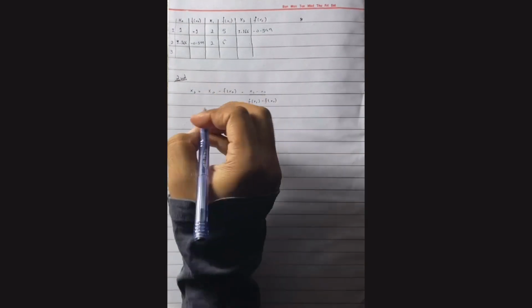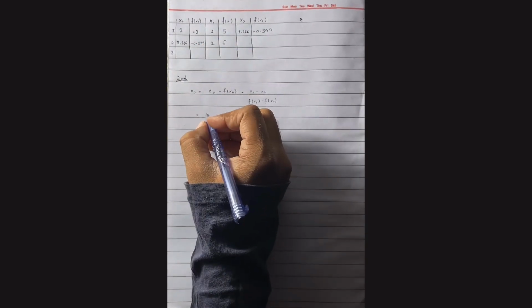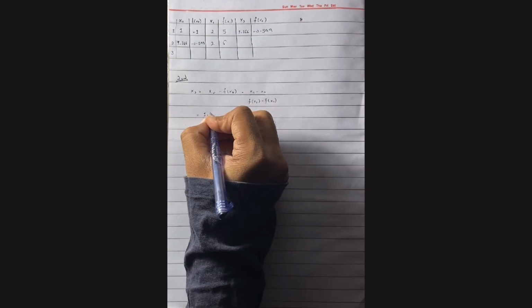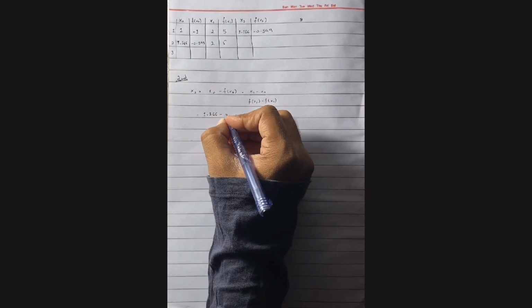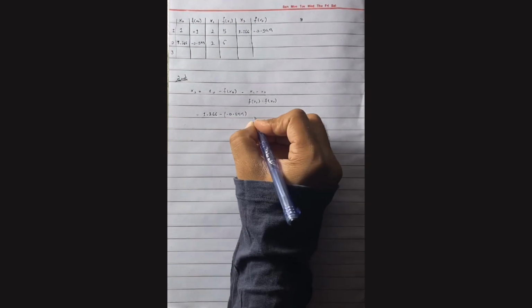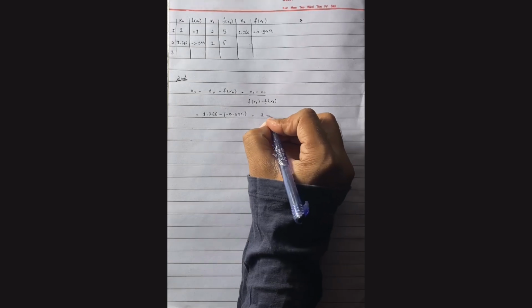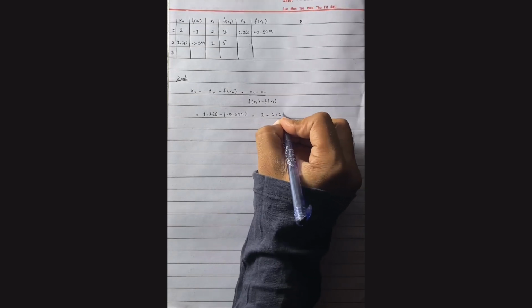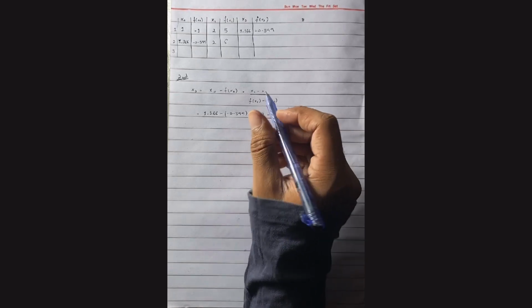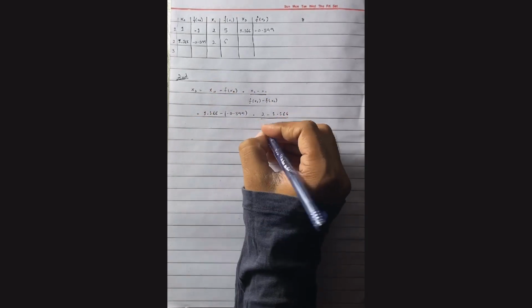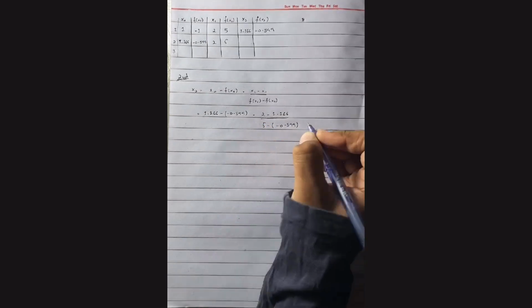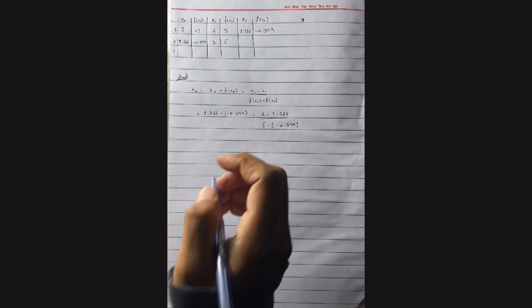Let's put in the values. x naught is now 1.166, f of x naught is now minus 0.599, and x1 is the same, 2 minus 1.166, upon f of x1, which is 5, minus minus 0.599. So let's solve this equation.